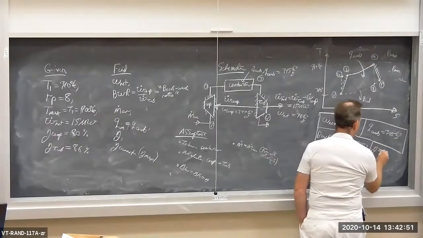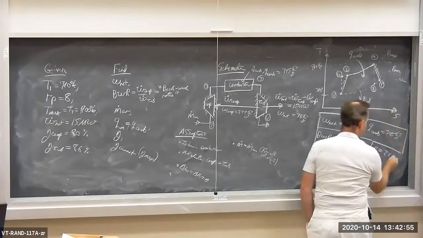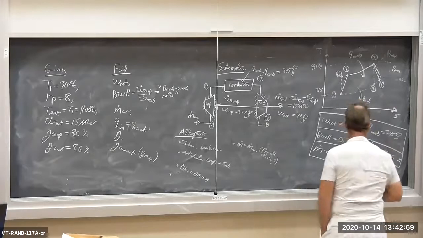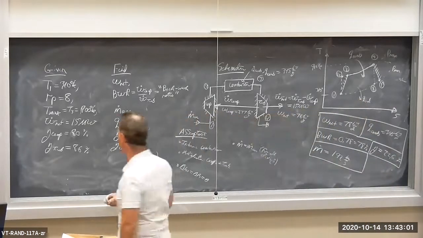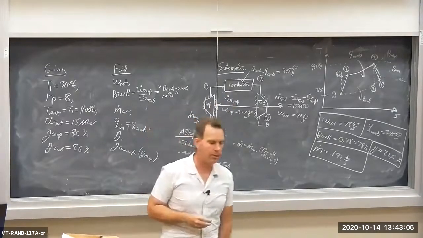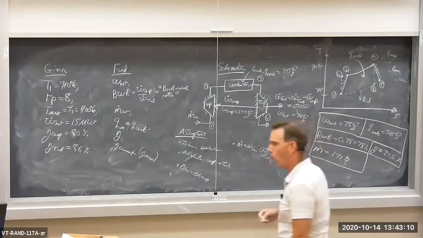So eta is 22.6%. Okay. 22% of the energy added to my system, or taken in by the device, is converted into usable work. Only a quarter.